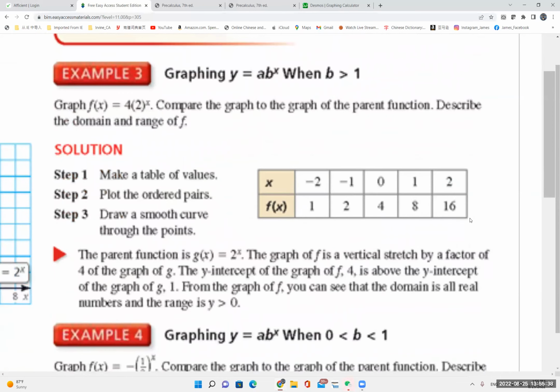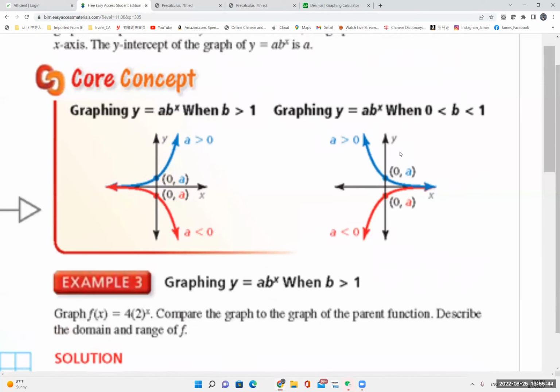So in your homework, you should draw more in order to understand it very well. And another is for the basic one, like what we drew just now, y equals 2 to the x power. This is always greater than 0.